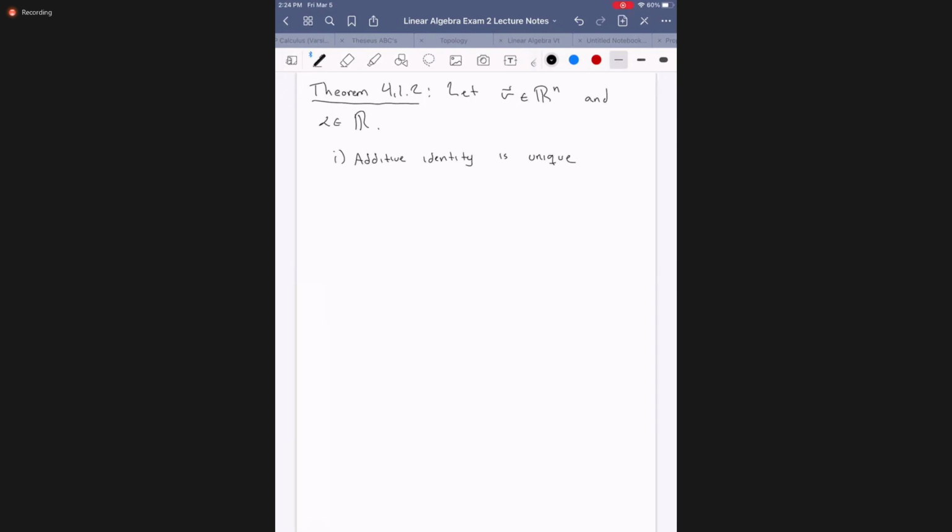What this is saying is, how do I know there's not another number or vector in there that also gives me U? So let's say that 0 wasn't 0.